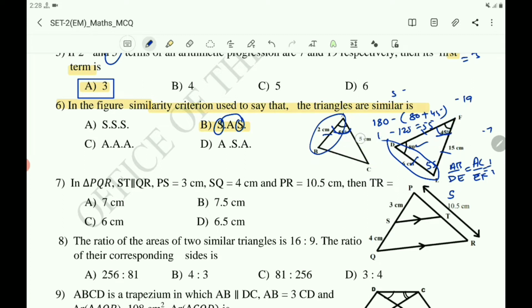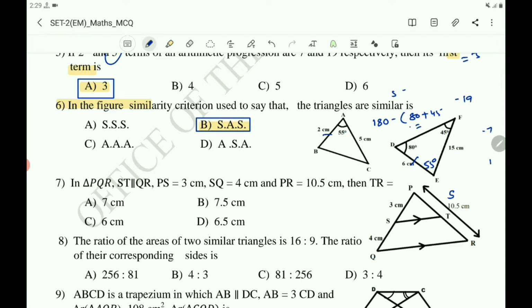So which similarity criterion can you use here? That is the SAS similarity criterion. Therefore option B is the answer.